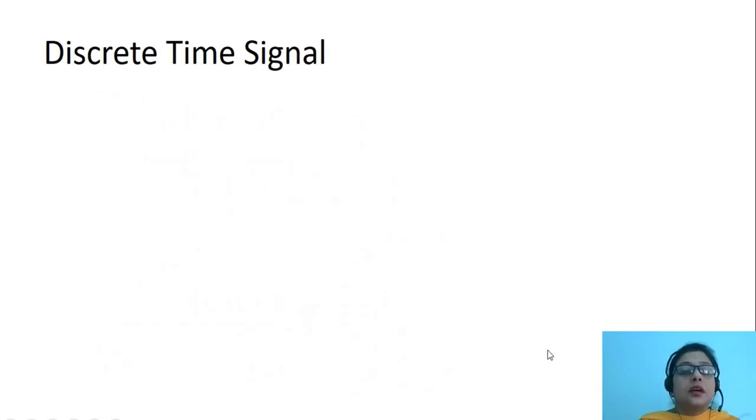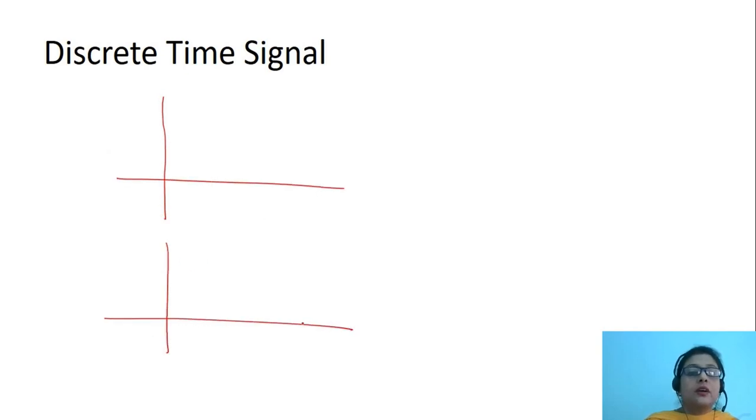Next we understand what is discrete time signal. Discrete time signal can again be analog in nature or it can also be digital in nature. So along the time axis, we are plotting the time along the x-axis, and along the y-axis we are plotting the amplitude. So since this is discrete in nature, it will not exist at each and every instant of time. So let's say about the previous one, we can have it like this.